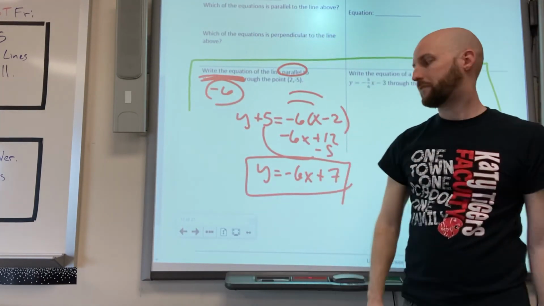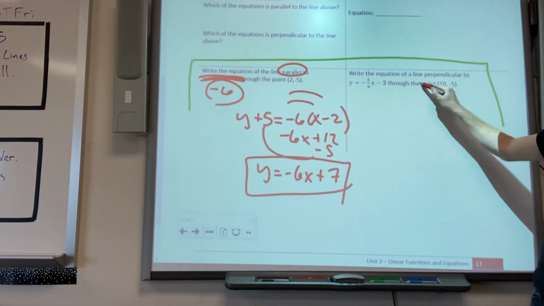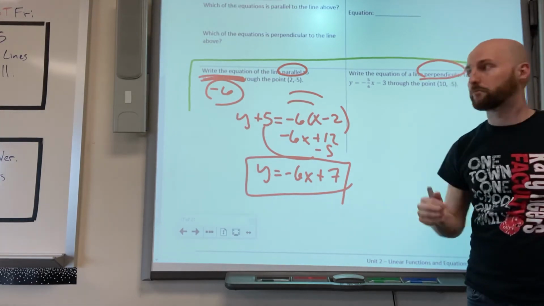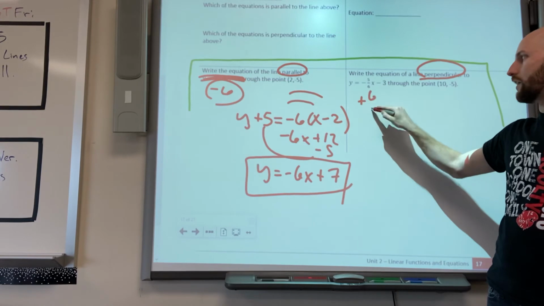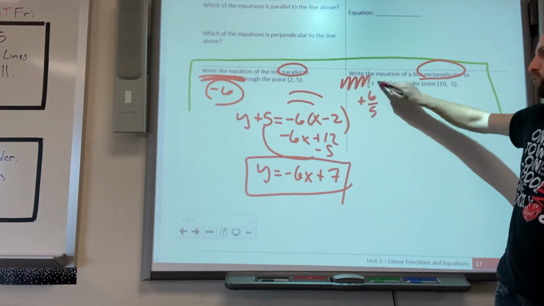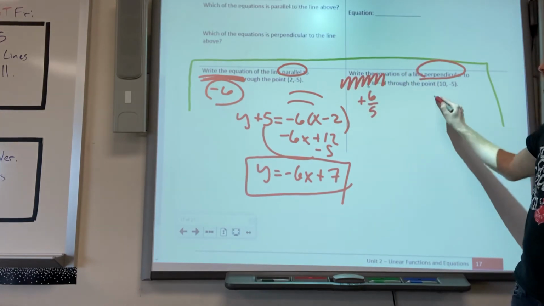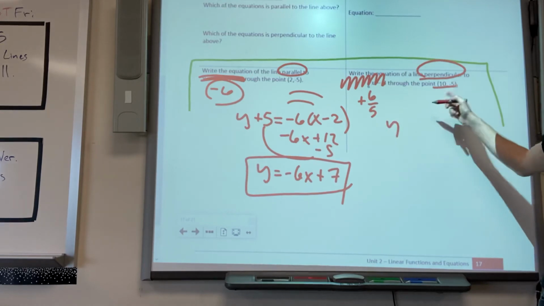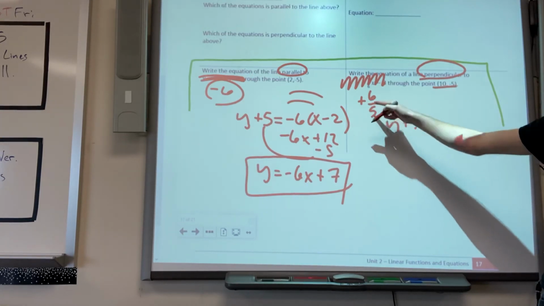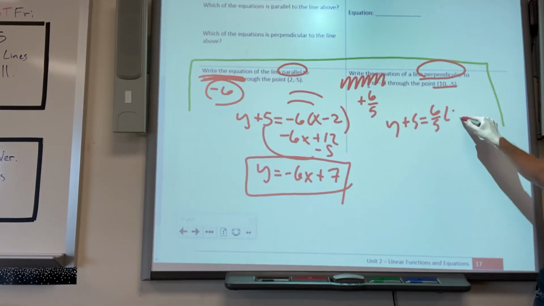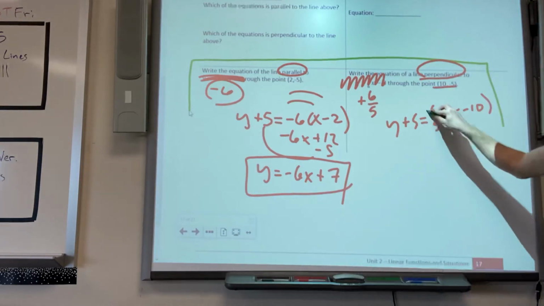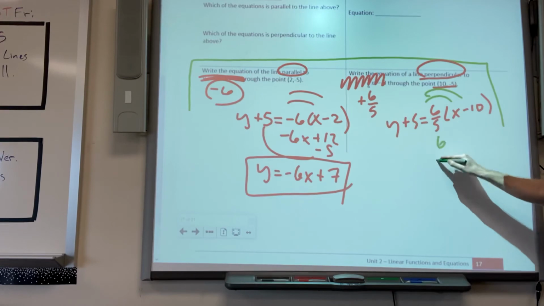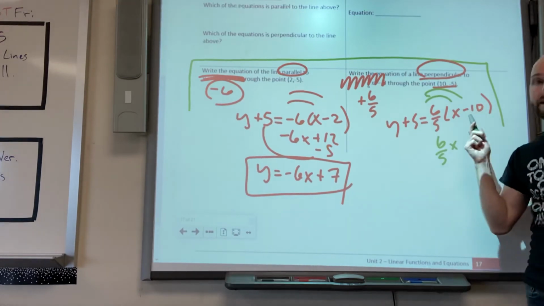Boom. Now, here, perpendicular is a flip flip. So negativo, positivo. 5/6, 6/5. Goodbye. This point. Y opposite equals slope x opposite. 6/5x.